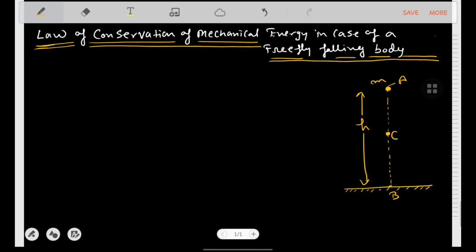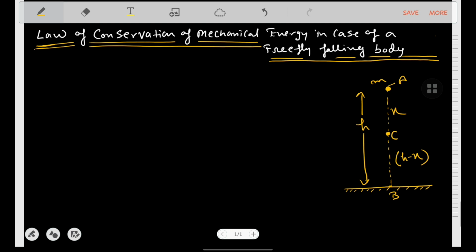During the free fall from point A to point C, suppose the object has traveled x distance, that means AC is x. So at point C the remaining height will be h minus x, because the total height was h, and from A to C the object has traveled x distance, x meter or x unit, depending on your unit.